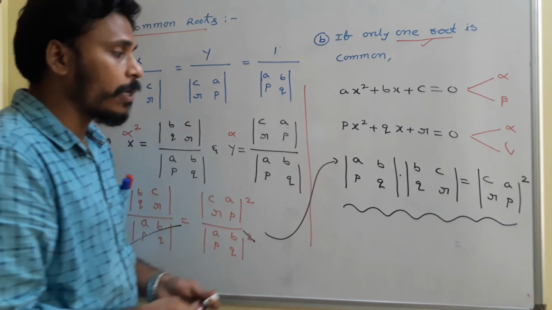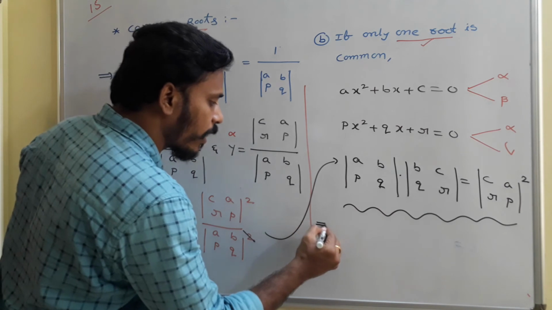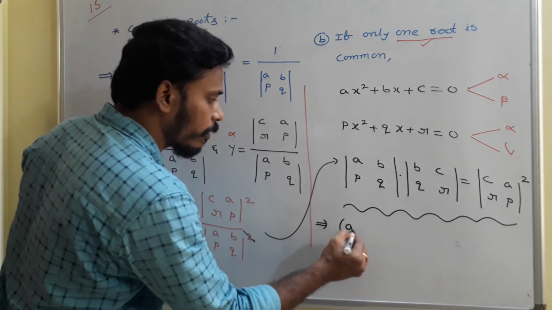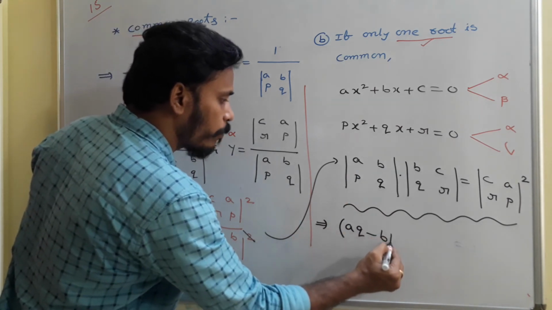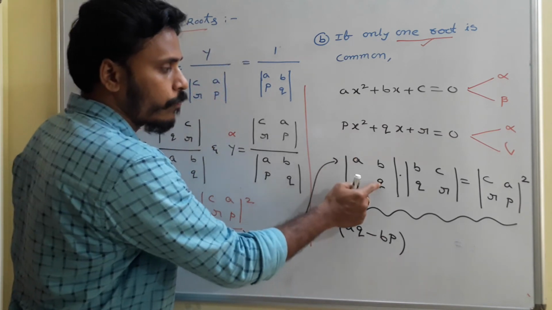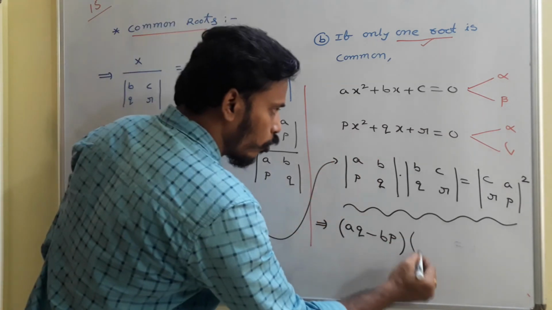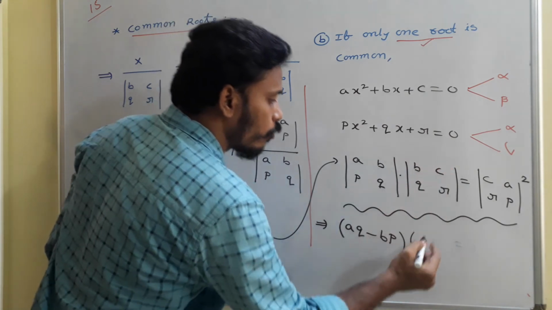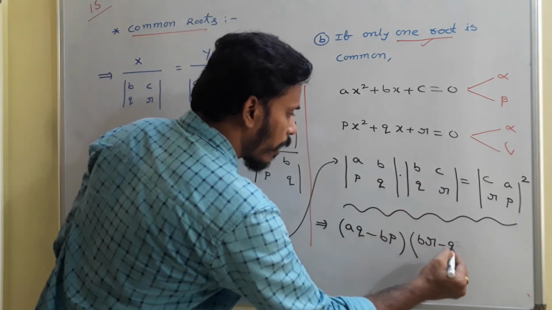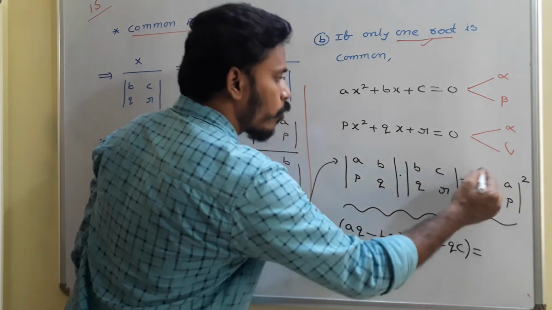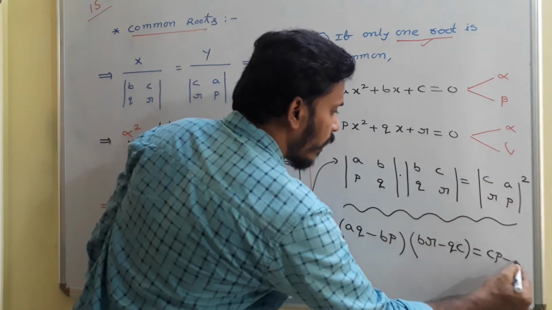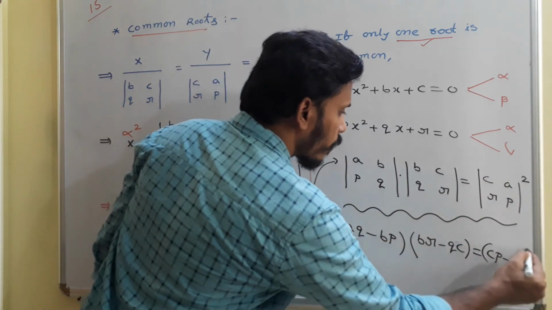When you write the determinant values at the end, this determinant is simply AQ minus BP, as I mentioned, product of this minus product of this, into BR minus QC, is equal to CP minus AR whole square.